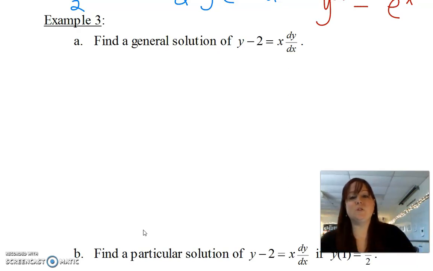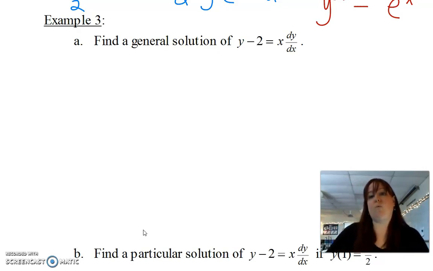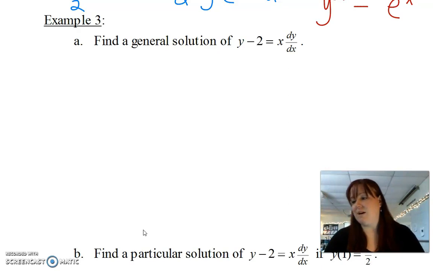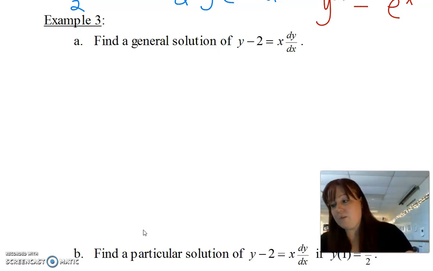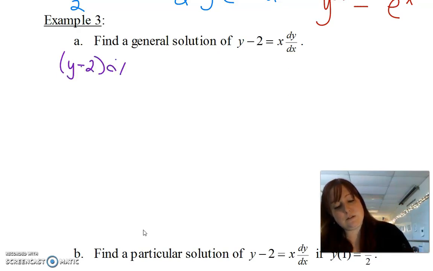Okay, so the first thing we do is we separate the variables. Right now we have dx, dy on the one side with our x, and then we have y on the other side. So we need to get dx up out of the basement. So this is going to end up being y minus 2 times dx, and then x dy.